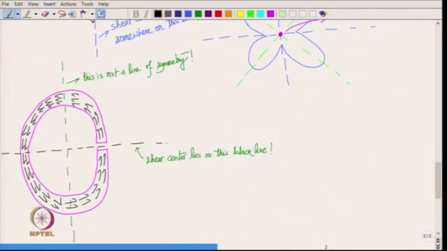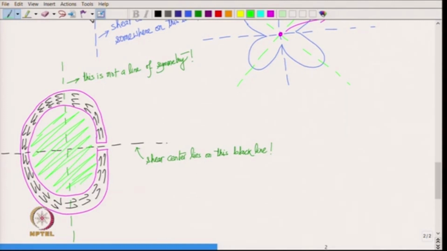And again, can shear center lie within this circular region? Can it be, for example, in this green region? Can we have shear center within the cross section?